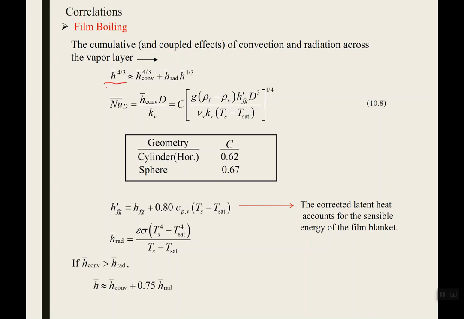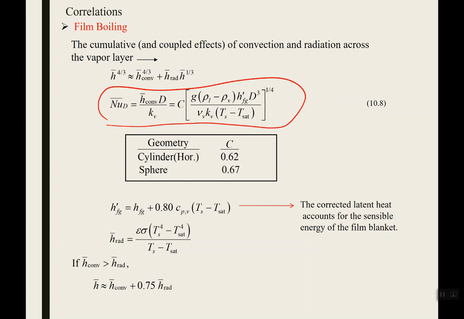Our average h raised to the 4/3 power is going to be approximately equal to our convective heat transfer coefficient average that we would calculate with this Nusselt number here, plus our radiation heat transfer coefficient, which we covered, I think, way back in chapter 1, multiplied by h. So this is a dependent correlation. You'd have to solve this iteratively. To get the convective heat transfer coefficient for film boiling, you would use this correlation to solve for it.